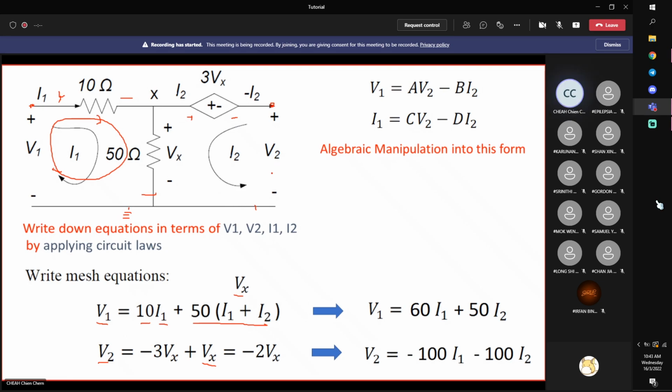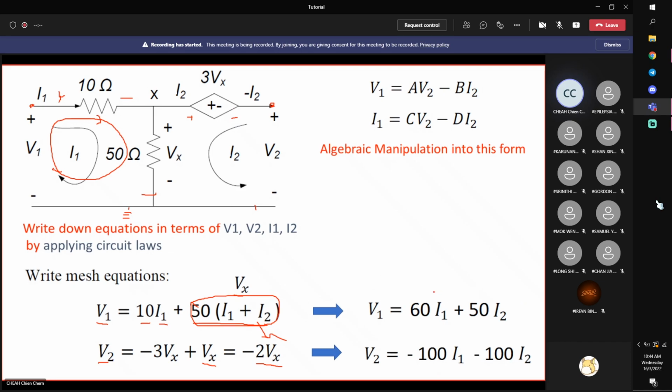Then I come up to Vx. Negative 3Vx plus Vx is negative 2Vx. Remember Vx is 50 (I1 plus I2). Put into here, you get negative 100 (I1 plus I2), which is negative 100 I1, negative 100 I2. So I get my equations in impedance form.